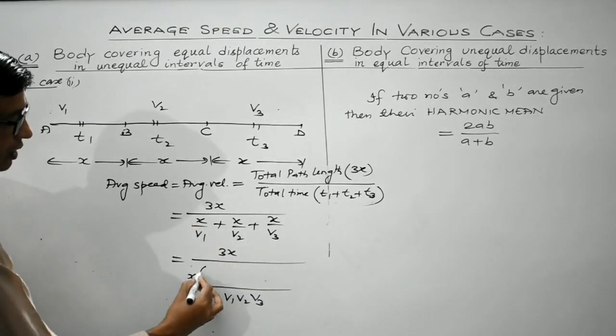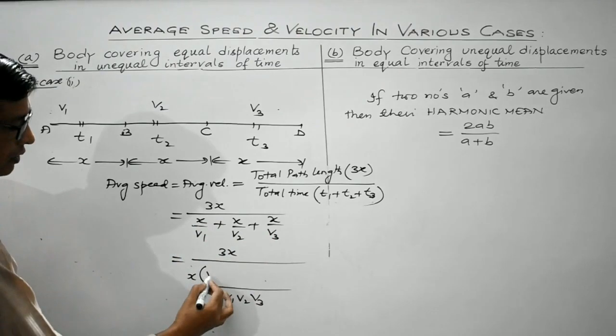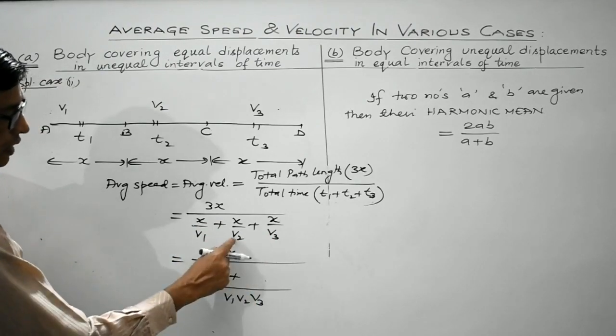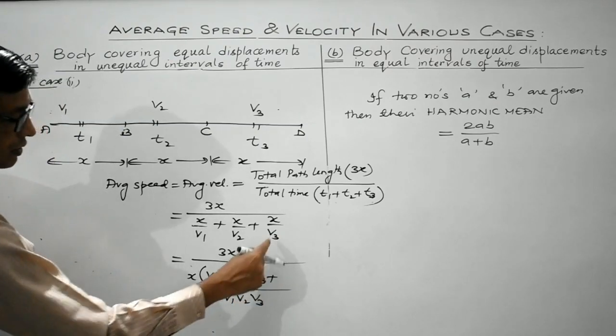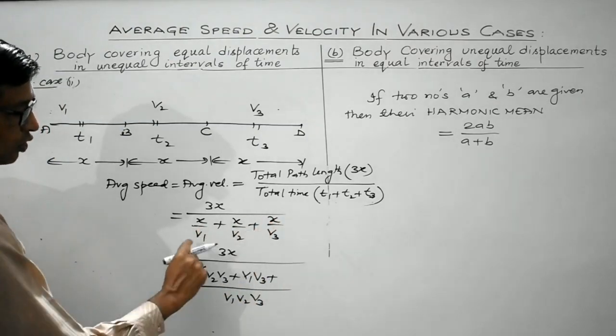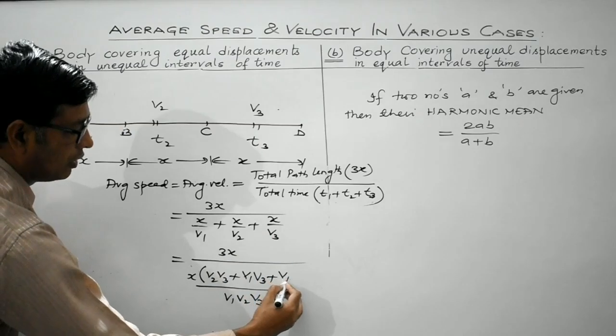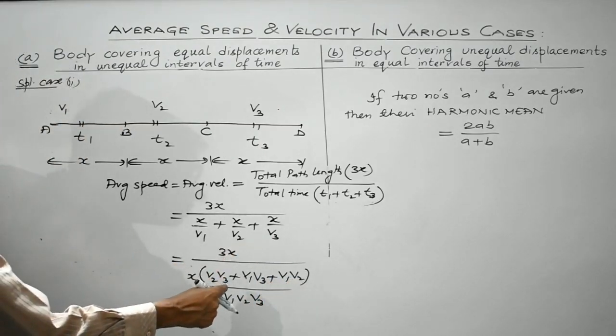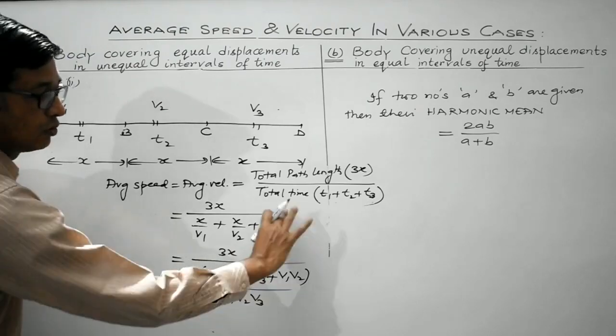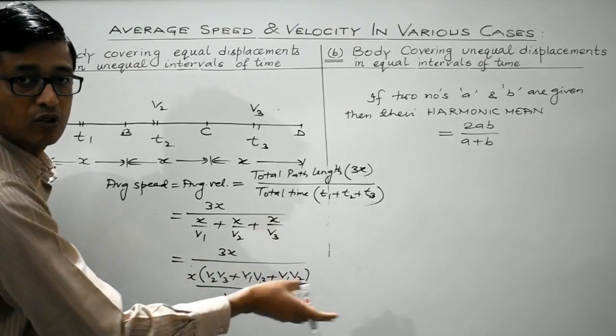x can be taken as common. Here we will be left with v2 v3, plus v2 is common, so we'll be left with v1 v3, plus v3. So here x is already taken as common, so here we'll be left with v1 v2. Right? x gets cancelled. It's a case of division, so in case we convert it into multiplication, it will become reciprocal.